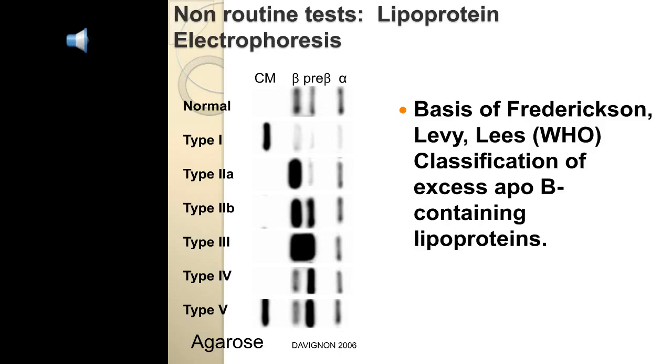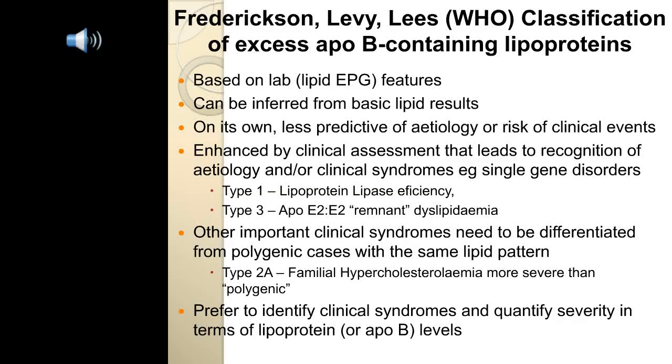This was traditionally generated from electrophoresis on support media such as agarose, and it was possible to identify which particular lipoprotein class was accumulating. However, most of that information can usually be inferred from just the basic lipid and lipoprotein results. The total of cholesterol, triglyceride and HDL are usually enough to infer which particular lipoproteins might be accumulating, and the electrophoretic pattern itself doesn't really tell us much about the etiology or the risk of future cardiovascular events.